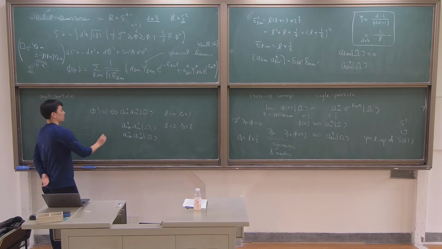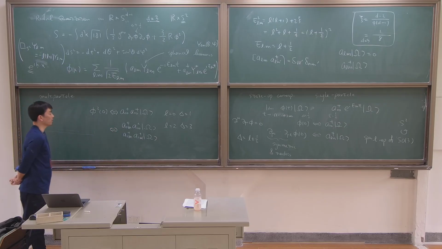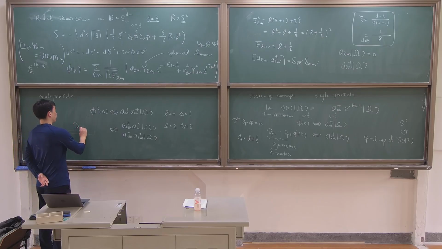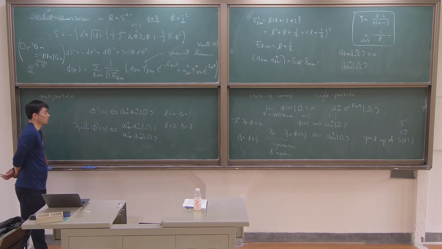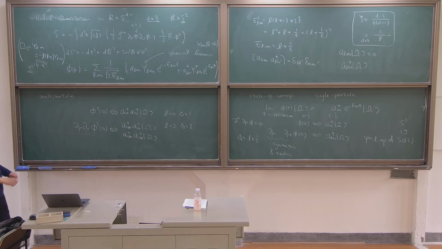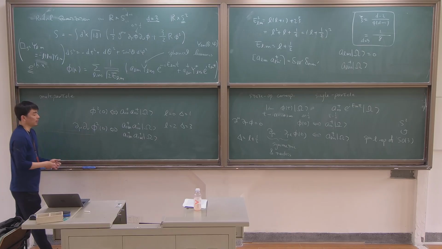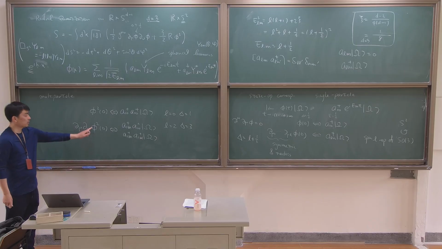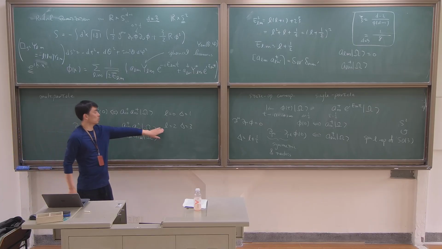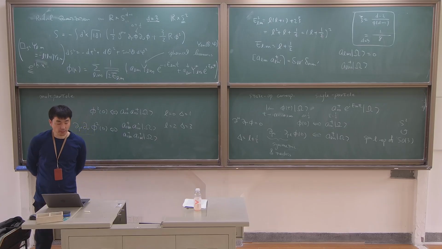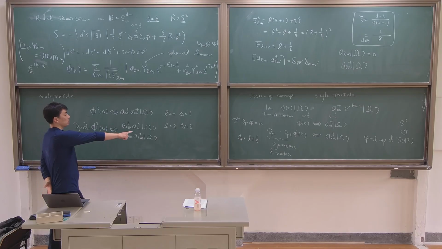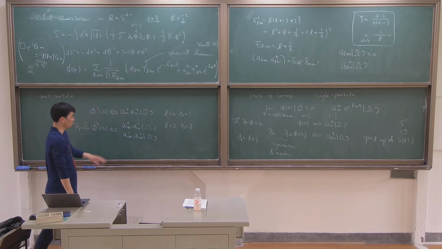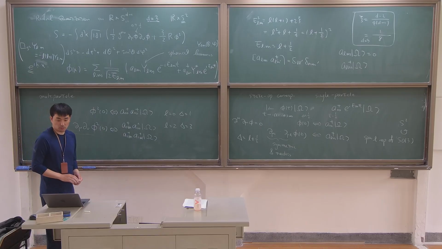L equal to 2 means that there is something like this. So you have these two derivatives on phi squared, and that will give you L equal to 2. So L equal to 2 and delta equal to 3 is also accurate, like this one.